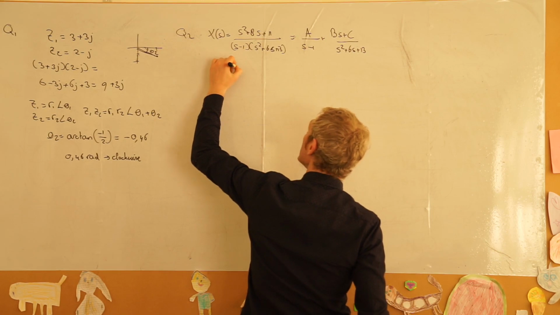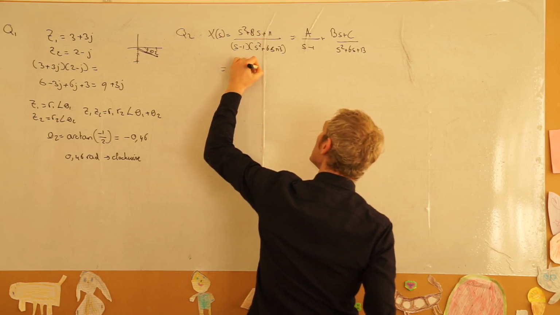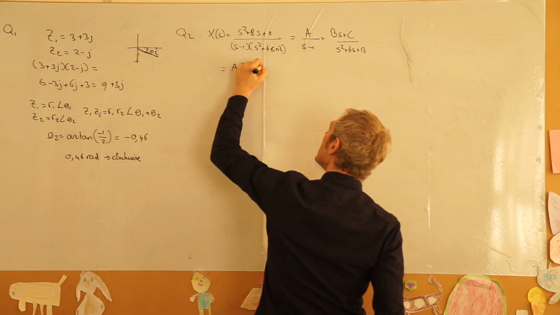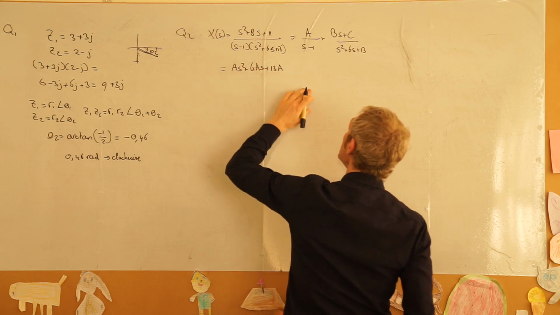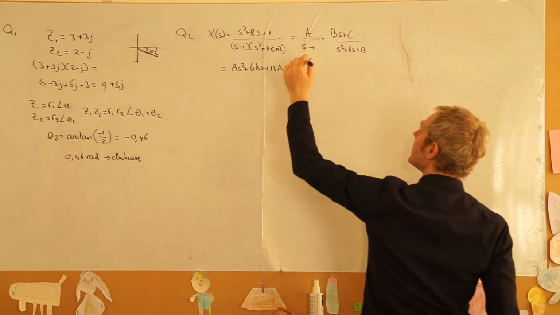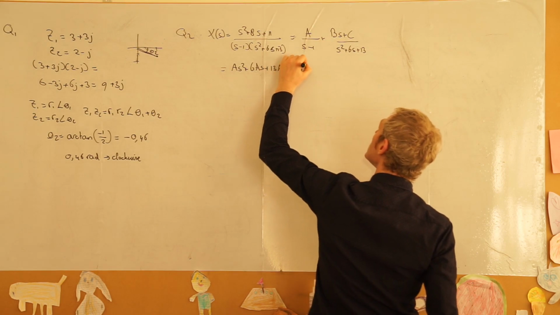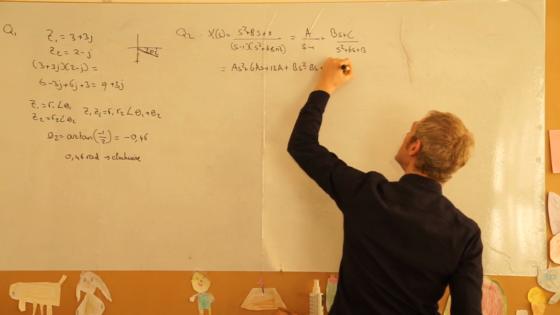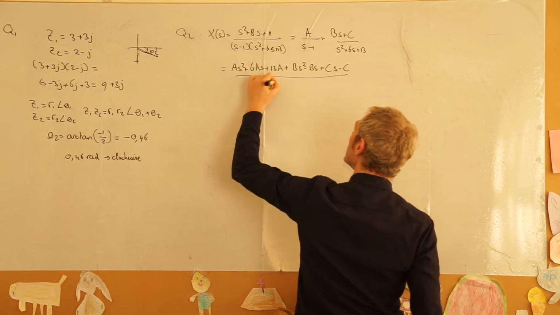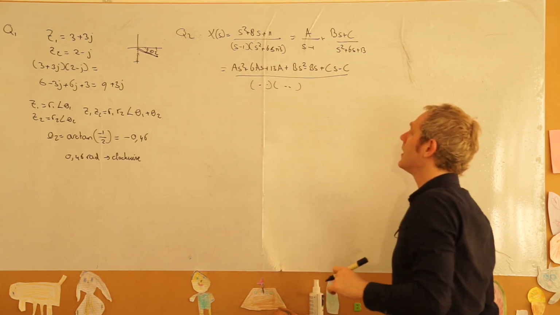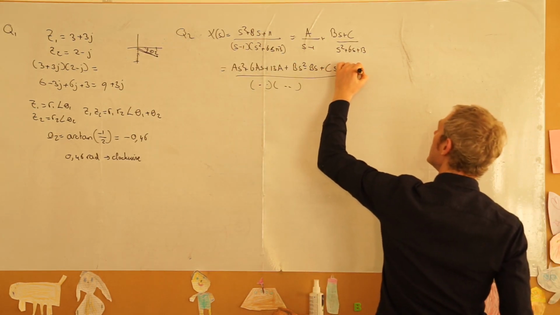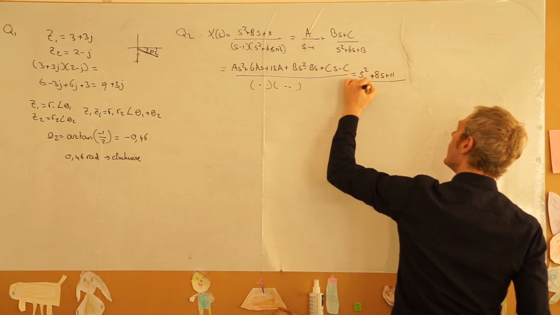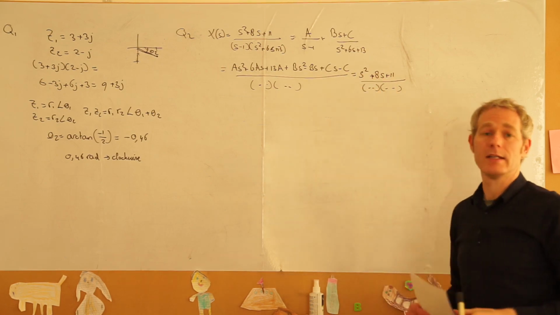So we get A(s squared plus 6s plus 13), that is As squared plus 6As plus 13A, and then we multiply s minus 1 with Bs plus C, which gives Bs squared plus Cs minus Bs minus C, over that same denominator.